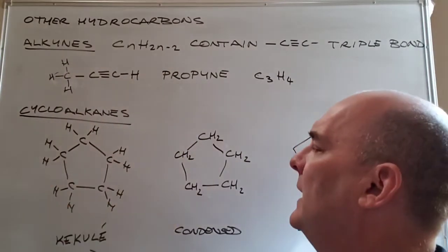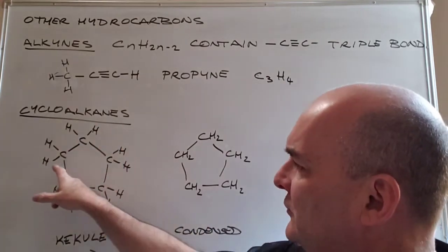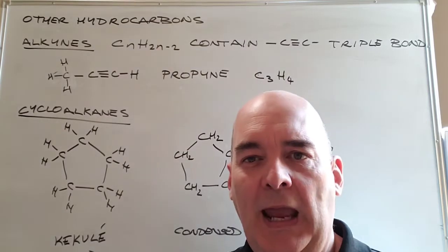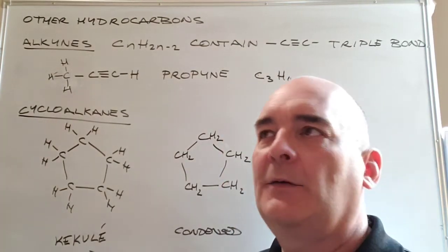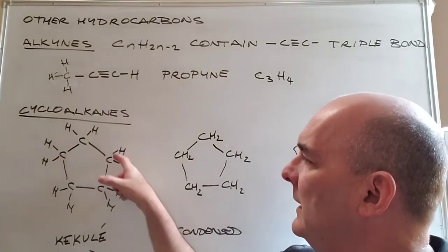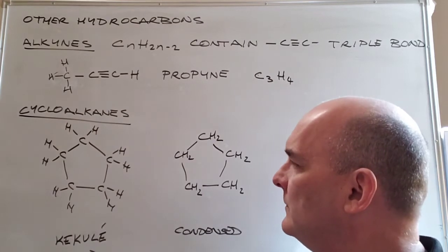And then there are cycloalkanes. Cycloalkanes are just alkanes, but the ends have linked up with each other. Carbon loves to bond to itself, and in this sense, we've just closed the loop.